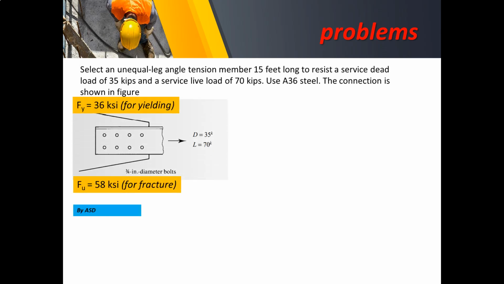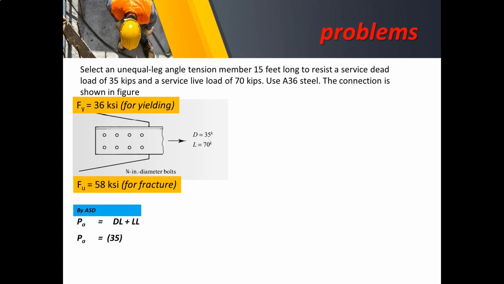Now, for ASD method, the only difference is on the derivation of the loads. This time, we are dealing with the allowable loads. We are simply adding the dead load and the live load. Again, ASD does not require factored loads.